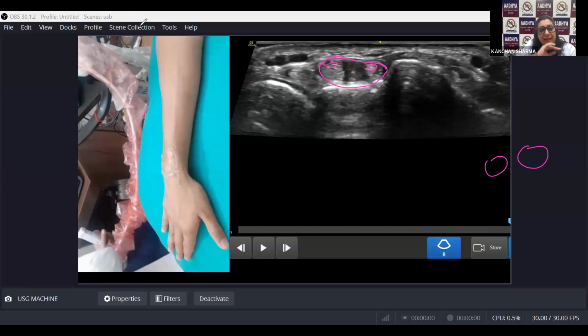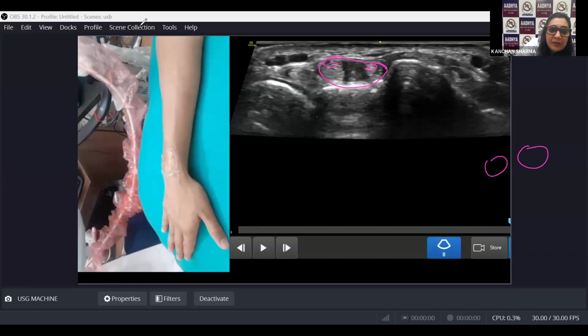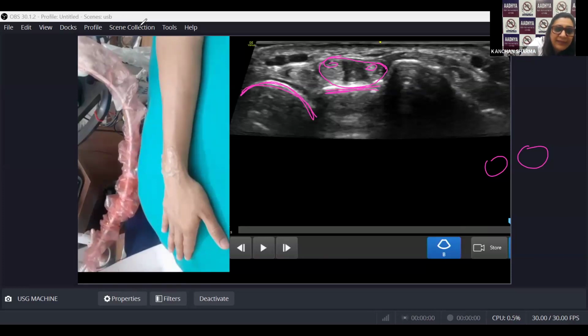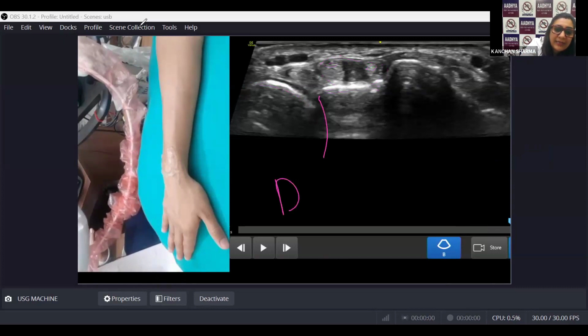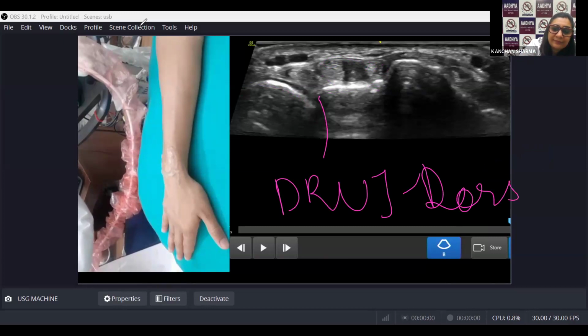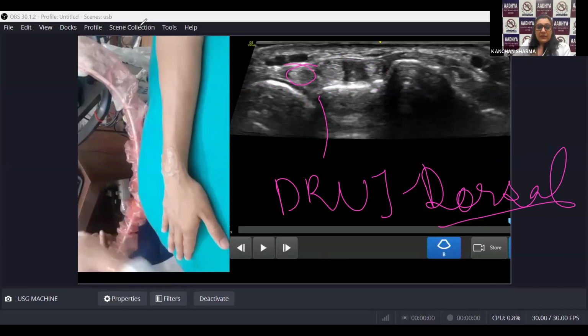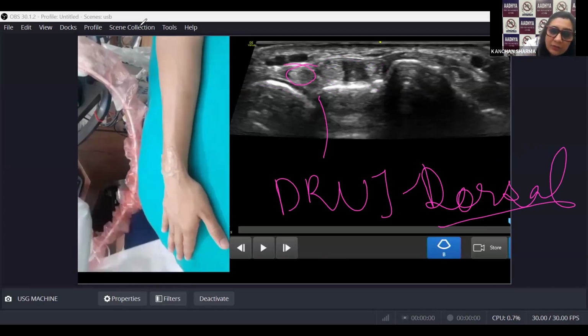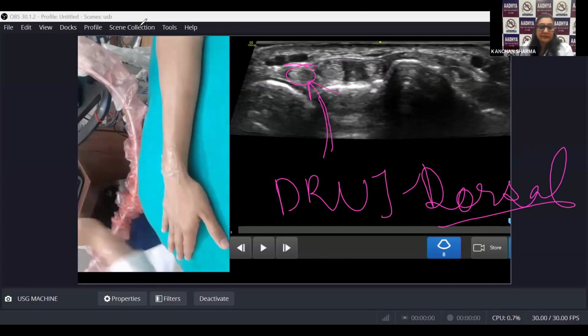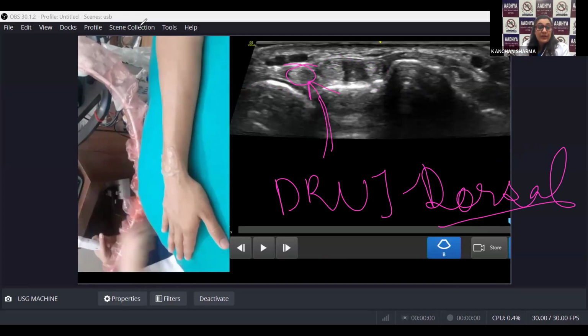The fifth compartment is also very easy to identify. How? This is your ulna. This is the radius ending up. Now, this is your DRUJ, dorsal aspect. This tendon, what you are seeing, is your extensor digiti minimi. You should always look on the top of this joint, so you will never go wrong.